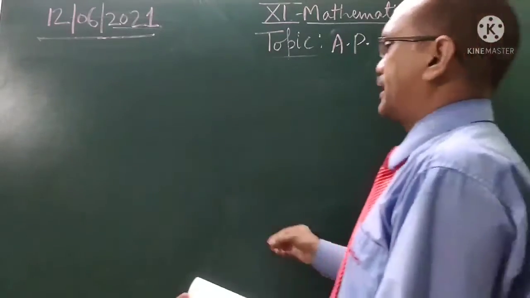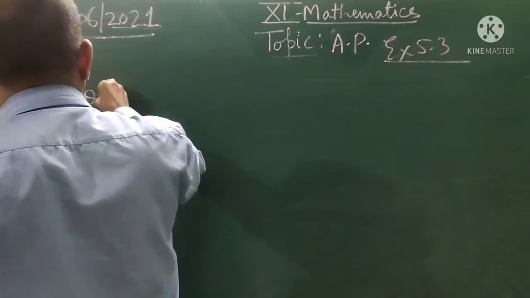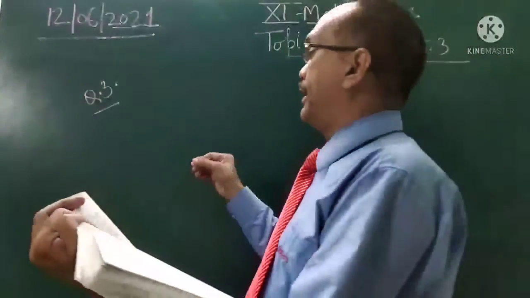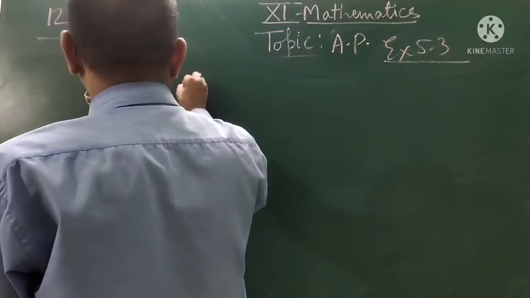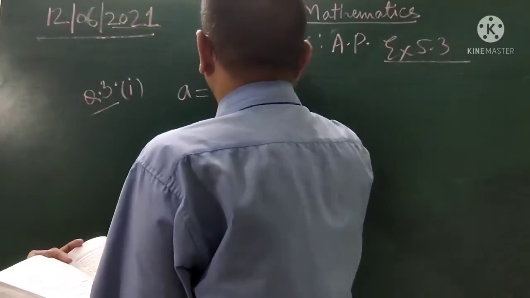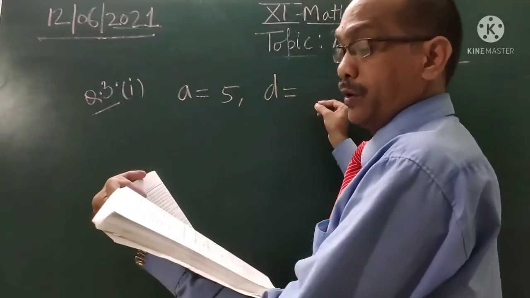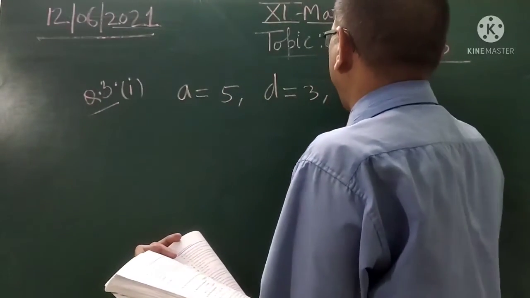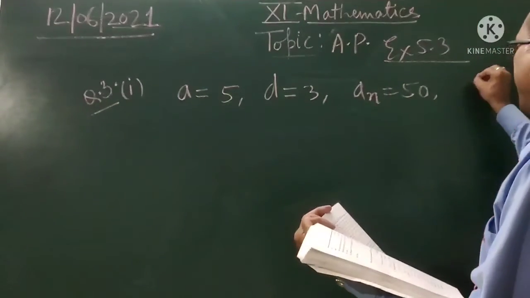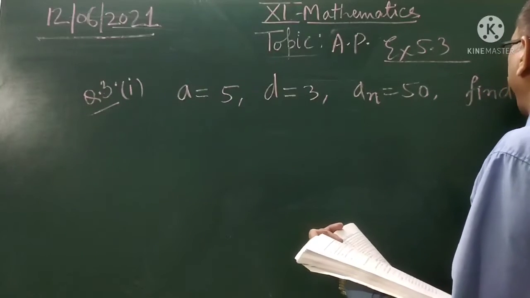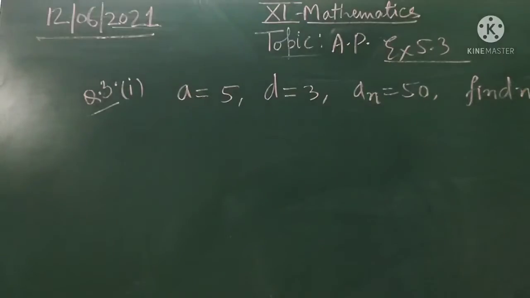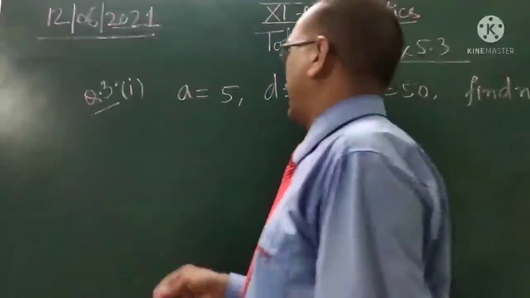Student, now question 3. In an AP given, first part, a equal to 5, d equal to 3, an is 50. Find n and Sn. Sn is the sum of n terms of an AP.